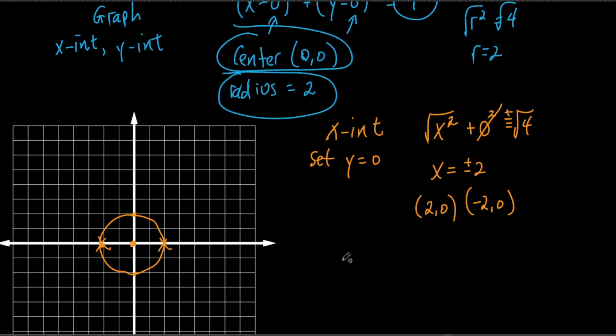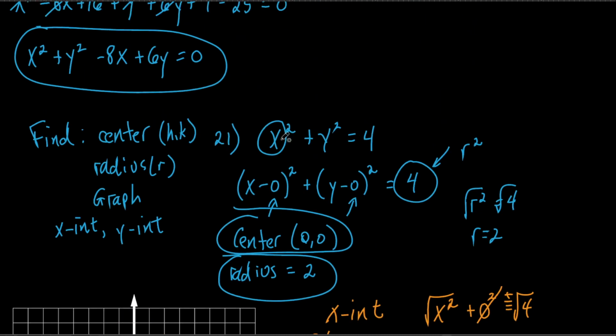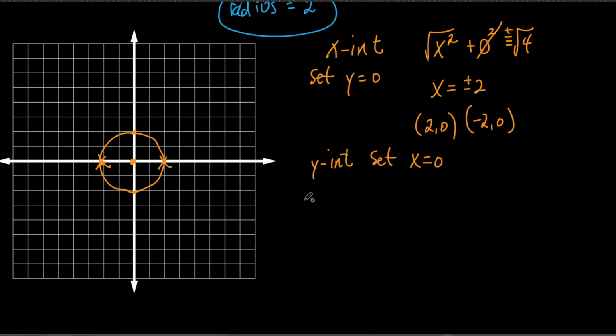Okay? So now let's find the y-intercepts. I could probably look at the graph and tell you what the y-intercept should be, right? It's probably at what? 0, 2 and 0, negative 2. All right, so what are we going to do that? We're going to set x equal to 0 this time. So if you go back up here, we're going to set the x equal to 0. So it's going to be 0 squared plus y squared equals 4.